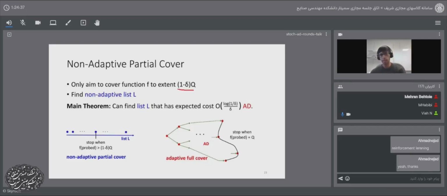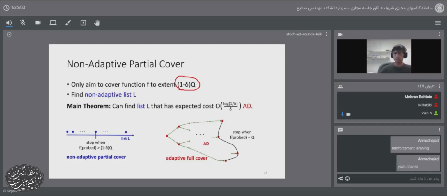Think of delta as the fraction that we leave uncovered. If you cover the function till it reaches a value of q, that's fully covering the function, but we now only want to cover the function till its value reaches (1 minus delta) times q. So we are leaving a delta fraction of the function uncovered. We have a relaxed constraint over here.